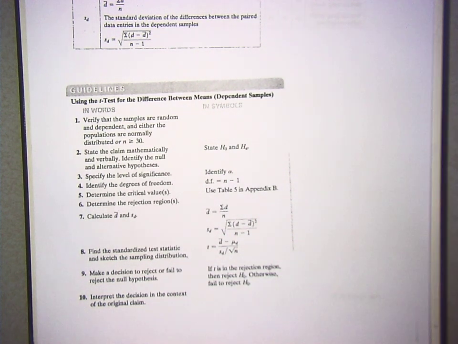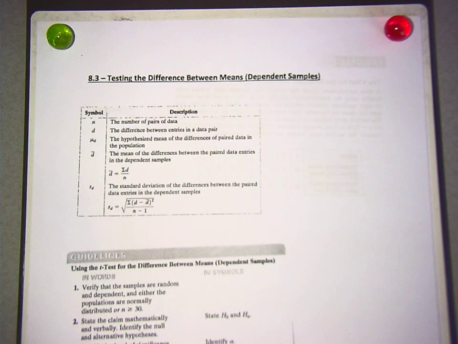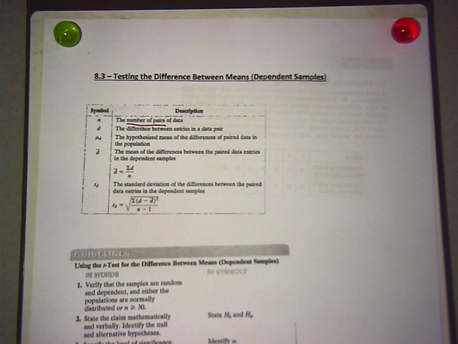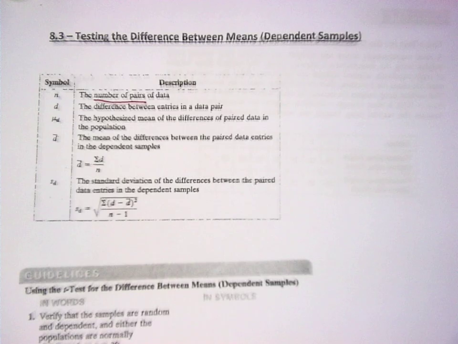All right, here we go. I just put a whole bunch of this stuff right on there. Now the symbol N means it's still your sample size, but this time it's the number of pairs of data. So these are dependent samples, which means it's one-to-one.